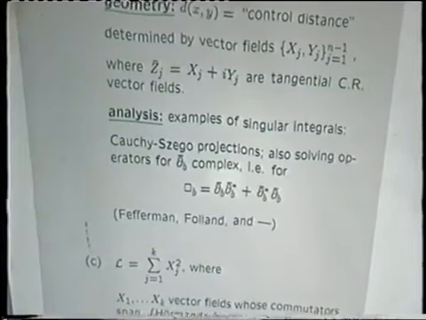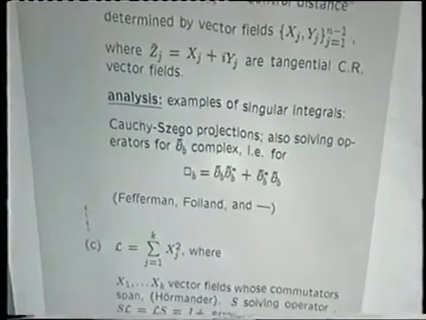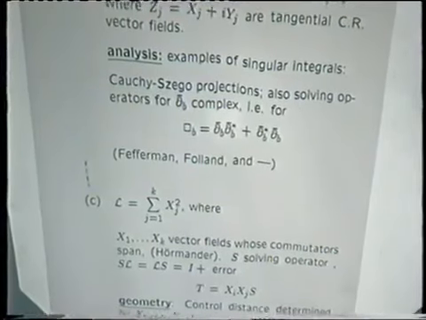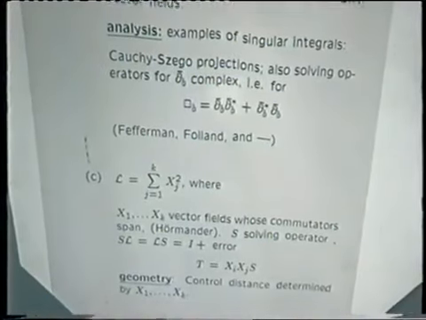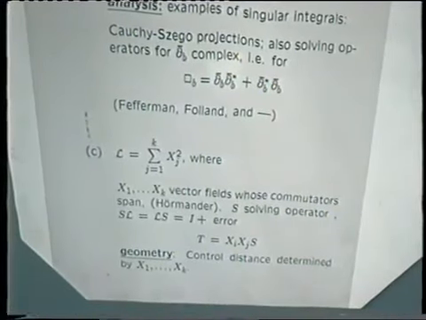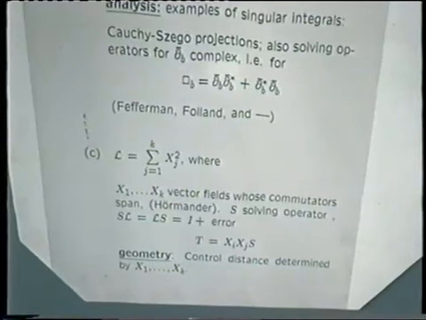And the vector fields are the ones that you obtain on the boundary, which are the real and imaginary parts of the tangential Cauchy-Riemann vector fields. I should stress that you can define this distance, and the exact distance will not be important. Only the order of magnitude of the distance will be important in all of these problems for us.